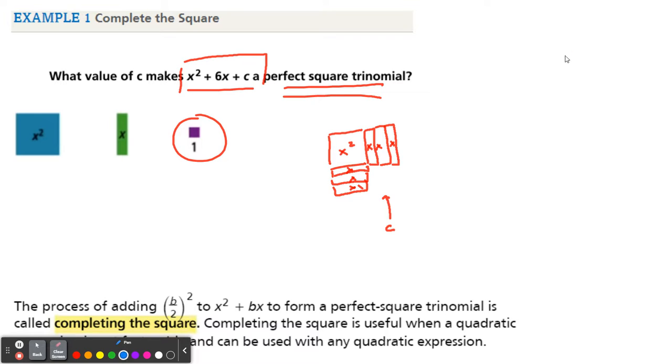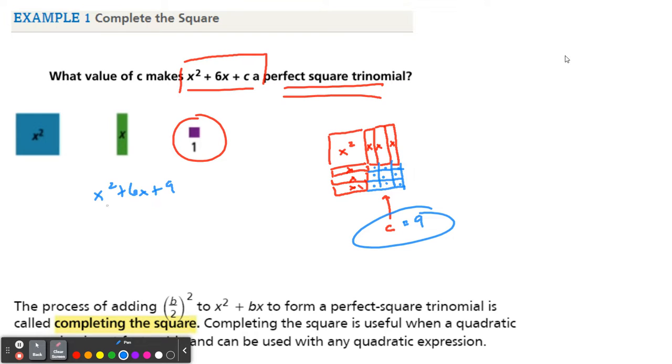Well, if you take this and you just simply extend those, you get how many you need: 1, 2, 3, 4, 5, 6, 7, 8, 9. Your c value here is 9. If we put that in place of c, x squared plus 6x plus 9 would give us our perfect square trinomial.